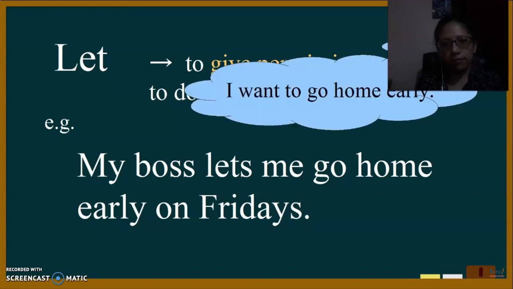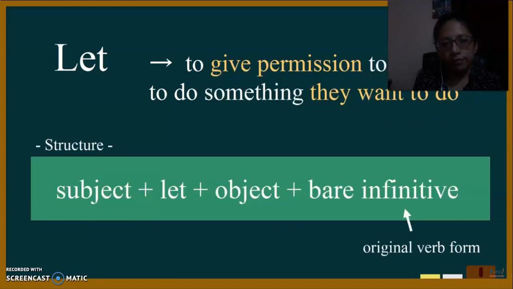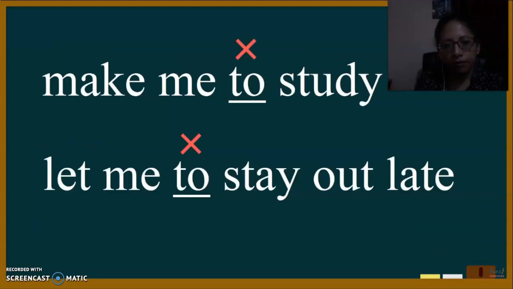I want to go home early. The structure is subject, let, object, and bare infinitive. Remember, we don't use to after make and let.